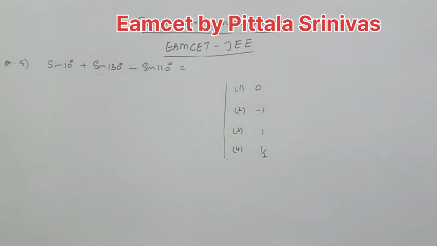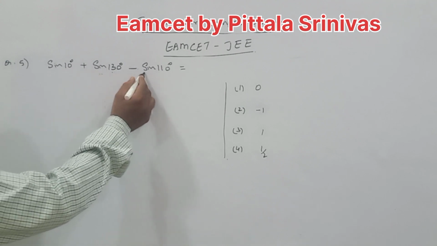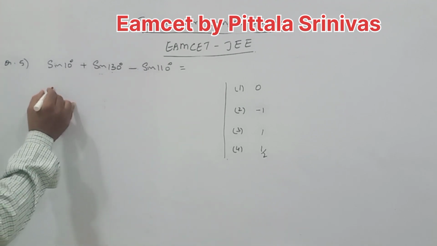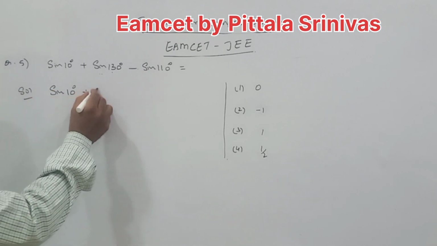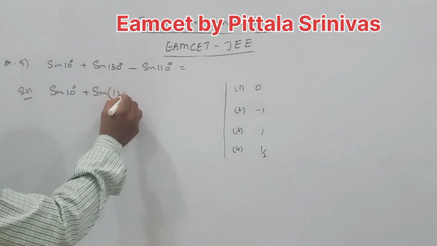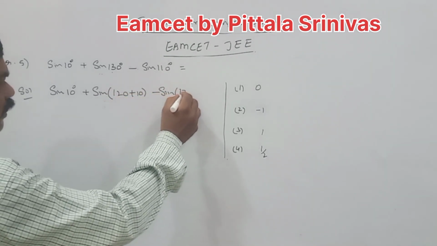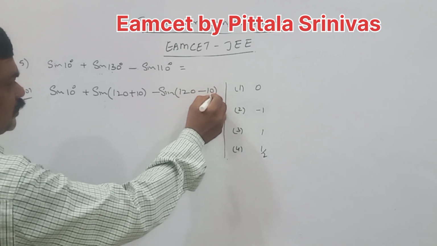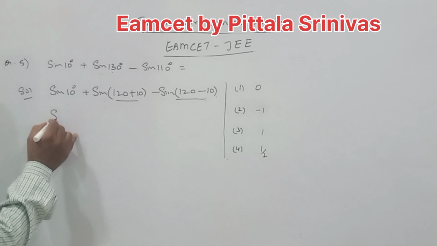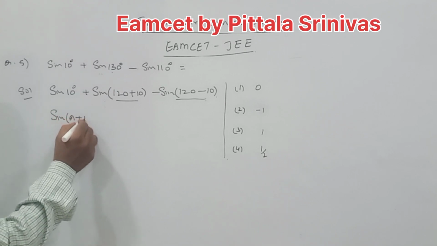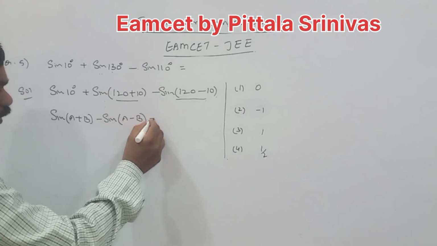Dear viewers, we have the problem sin 10 degrees plus sin 130 degrees minus sin 110 degrees. So sin 10 degrees plus, this can be written as sin (120 plus 10) minus sin (120 minus 10). Okay, all of you. You observe here these two, sin of (A plus B) minus sin of (A minus B).